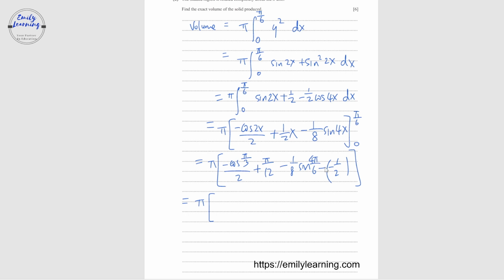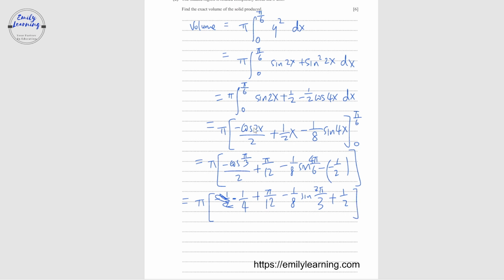Now that I have this, I need to simplify. So cosine pi over 3 is half. Half over 2 gives me negative 1/4. Then I have pi over 12 minus 1 over 8 sine 2 pi over 3 plus half.